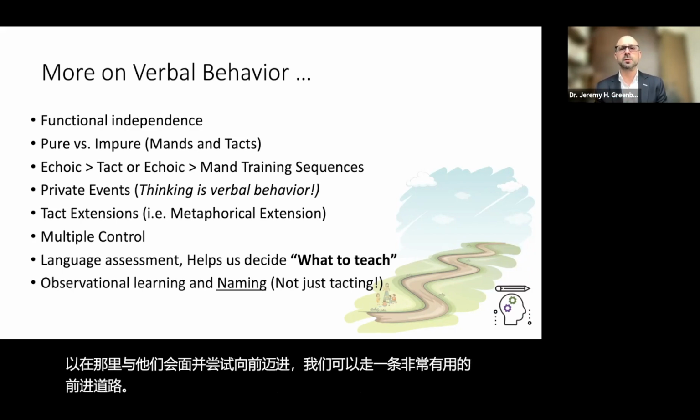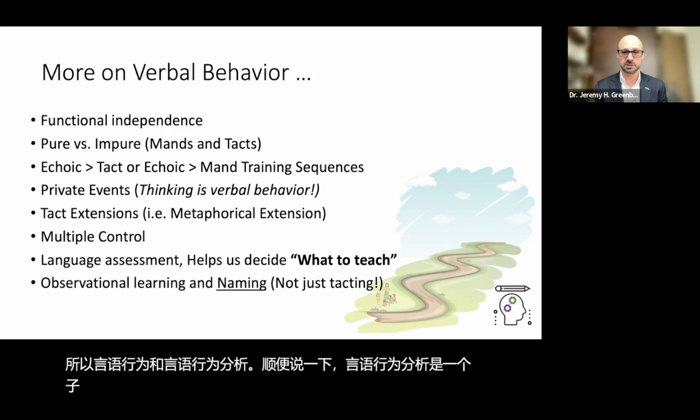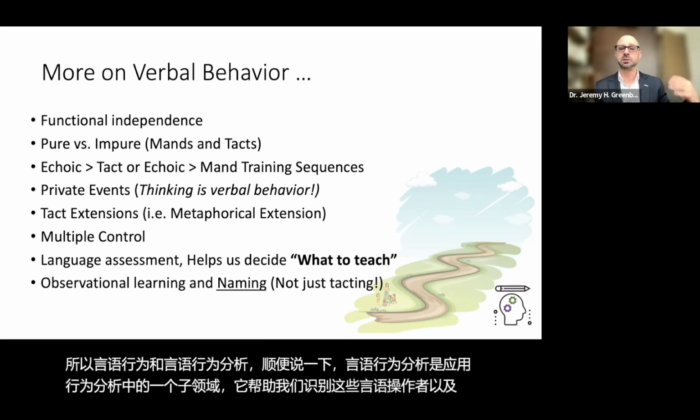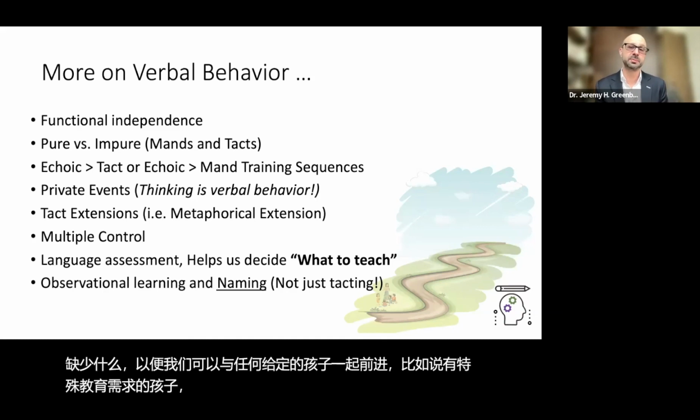Verbal behavior analysis, by the way, is a subfield within applied behavior analysis. It has helped us to identify these verbal operants and what is missing so that we can move forward with any given child, let's say with special education needs, whether it's autism or any other special education need.